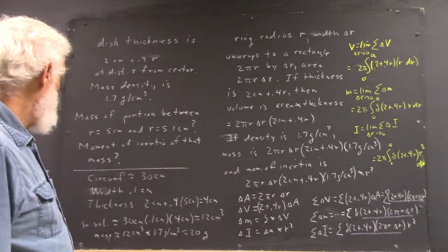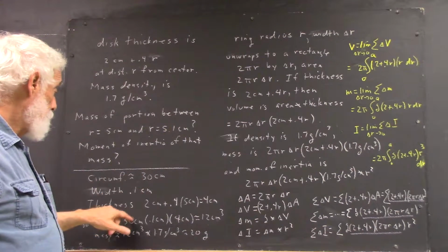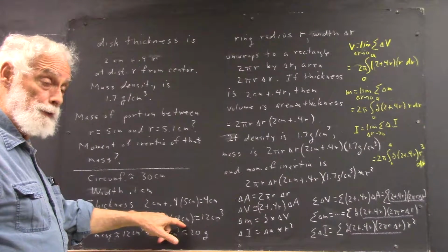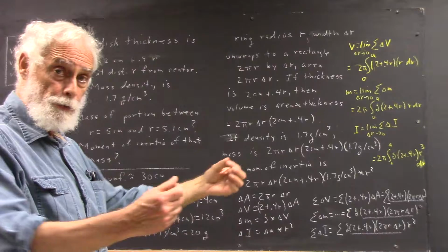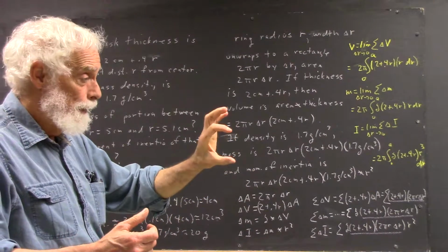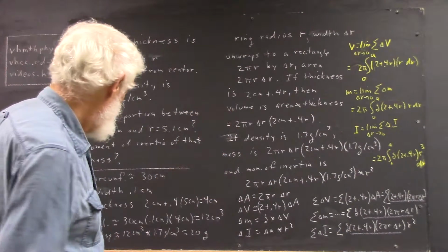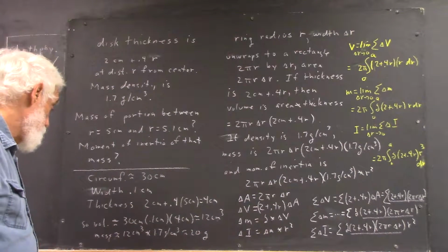That means that our volume is going to be approximately 30 centimeters by 0.1 centimeters by 4 centimeters. Because again, this thing forms something very close to a rectangular solid, 30 centimeters long, 0.1 centimeter wide, and 4 centimeters high. So that comes out about 12 cubic centimeters.